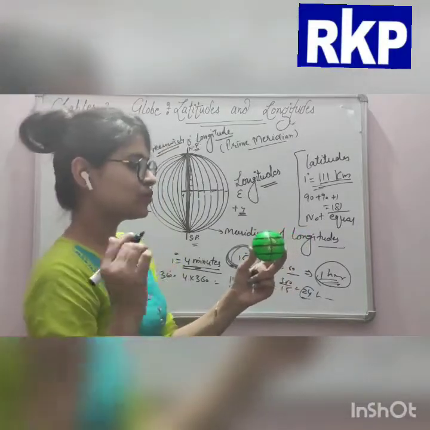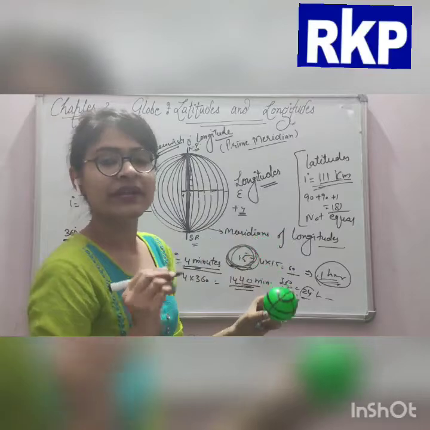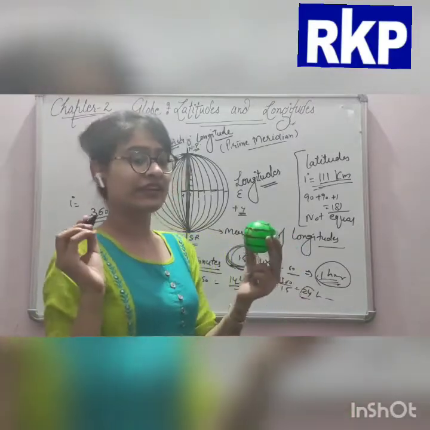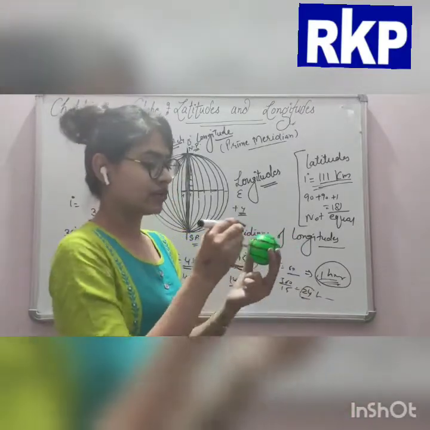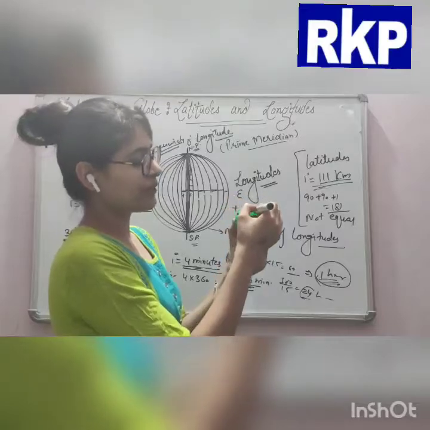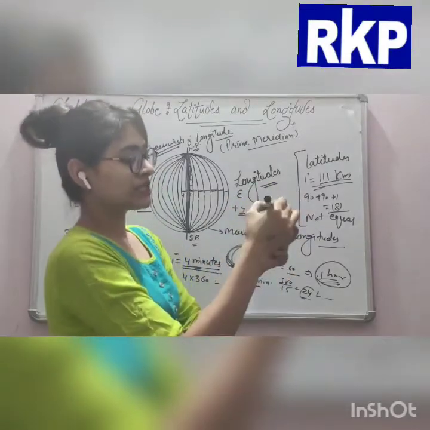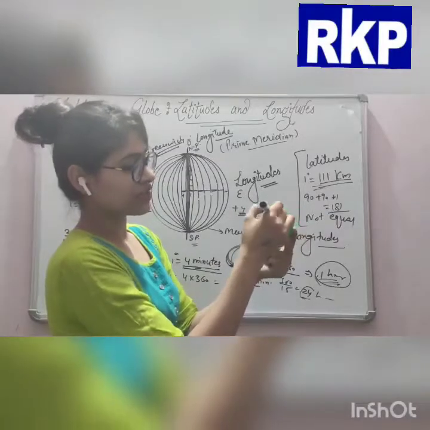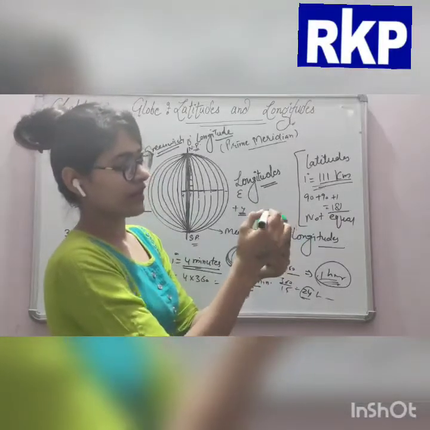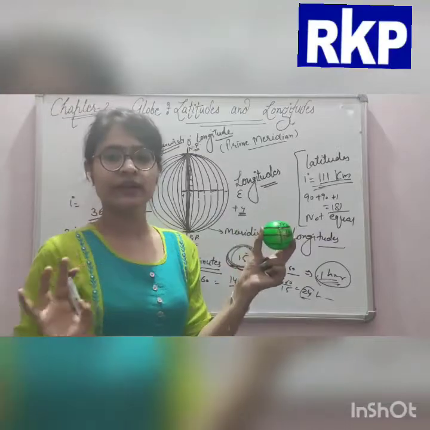Okay, suppose the mean time that we started from 180 degree, the international date line. This is the prime meridian. I am writing here prime meridian. But behind it, this line is called the international date line, which is 180 degree.